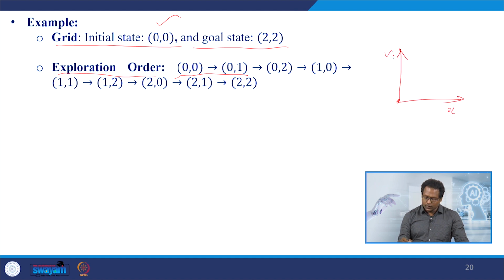So, this is x, this is y, starts here, then goes 0, 1, 0, 2, then it moves here 1, 0, then 1, 1. So, accordingly, it moves like that, then it reaches the 2, 2. All right. So, this is the exploration order in this case, that is the breadth first search approach.